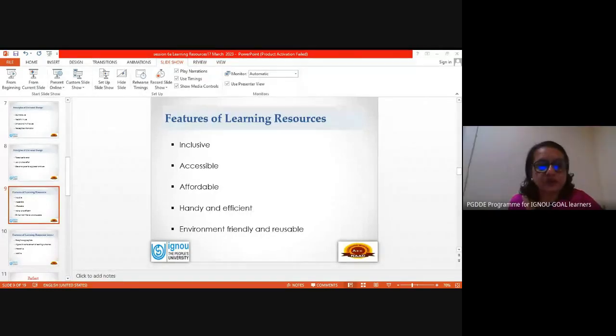So when we are talking about learning resources, we are talking about making them as inclusive as possible. And again, to repeat myself, let's follow the principles of universal design as much as we can, right? Accessibility is also a principle of universal design, so yes, we will follow that also.